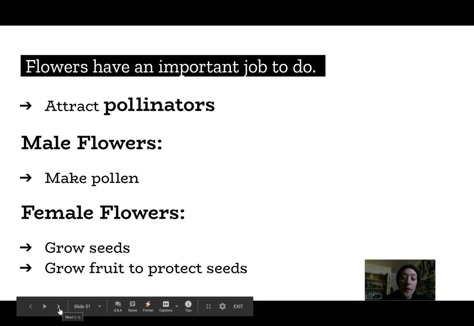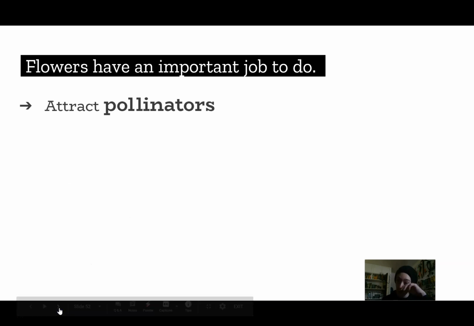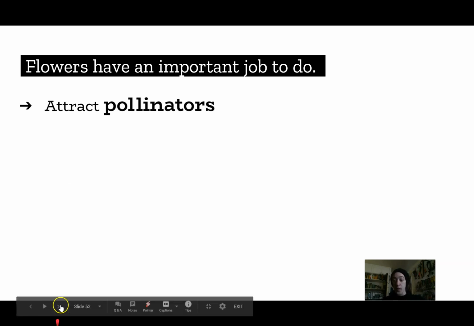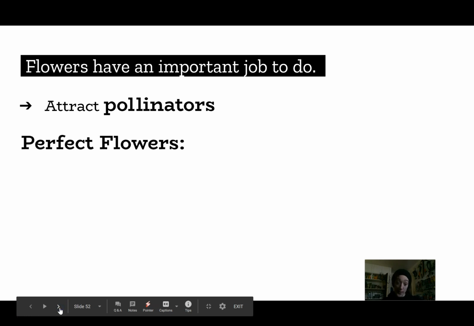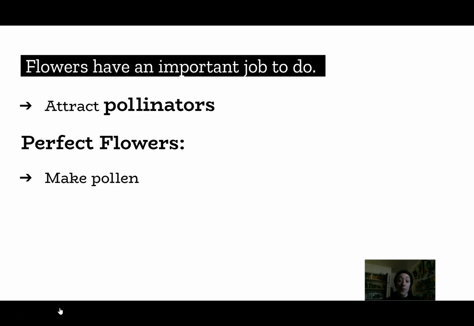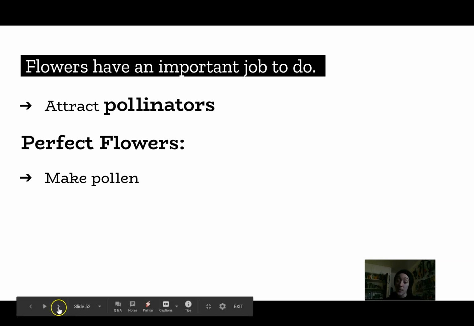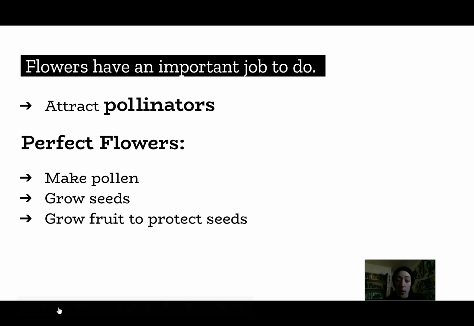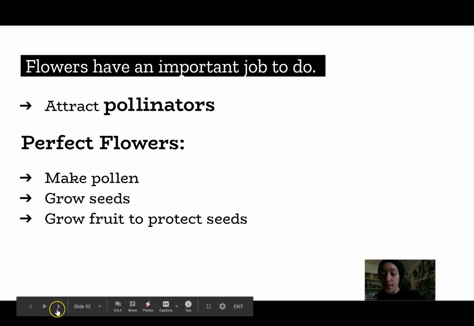Did you know that there are male and female plants? There's also something called a perfect flower, just a perfect little flower. And perfect flowers have both male and female capabilities. So they can make pollen and grow seeds and grow fruit all at once. Now, that's a pretty lucky flower.